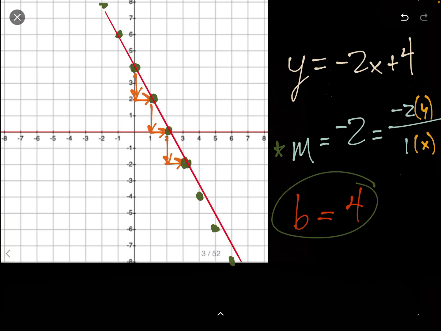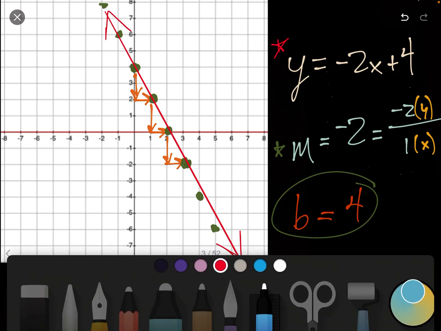So yeah, it's pretty decent, not best, but there is the graph. And again, all you've got to do once you have your points plotted, you need 2 at least to get a straight line, but more the merrier. Connect the dots, and you should have a straight line that represents the graph of the equation y equals -2x + 4.